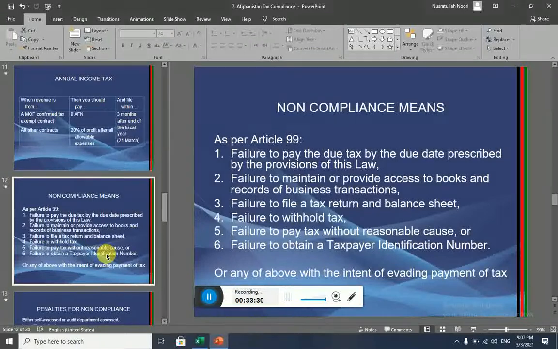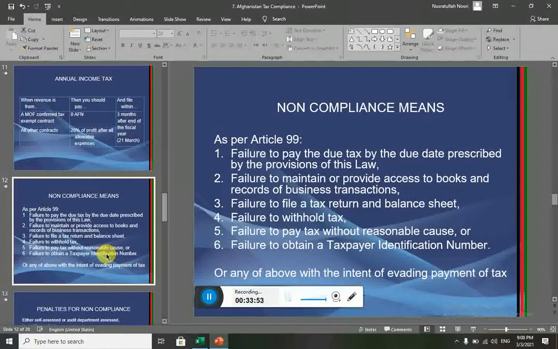So the rental withholding tax had 15 days, the wage and vendor and dividend and all those withholding taxes had 10 days. Business receipt tax had 15 days, and annual income tax had 3 months.